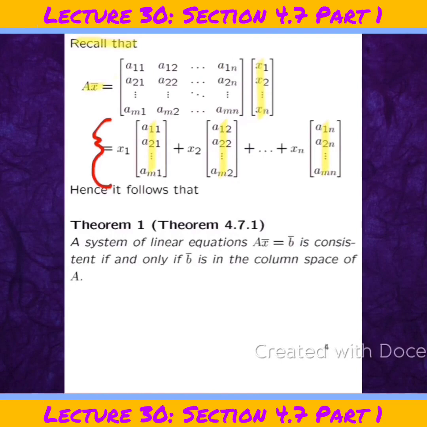So it turns out that A times X, where X is a column vector, can be represented as a linear combination of the column vectors of the matrix A.